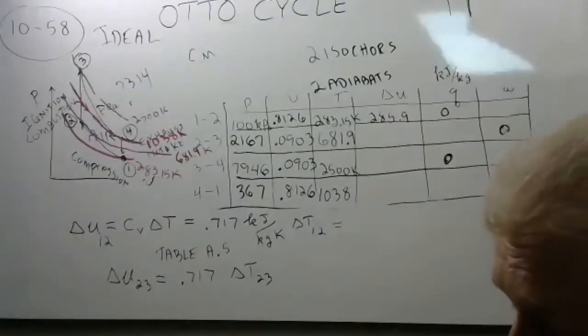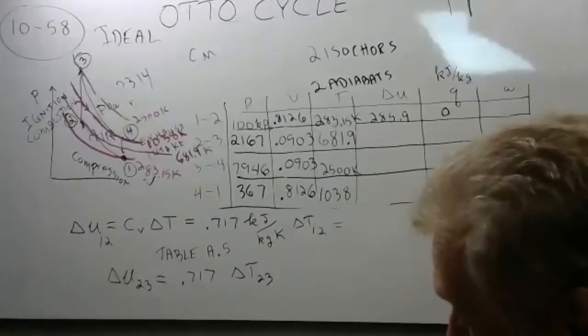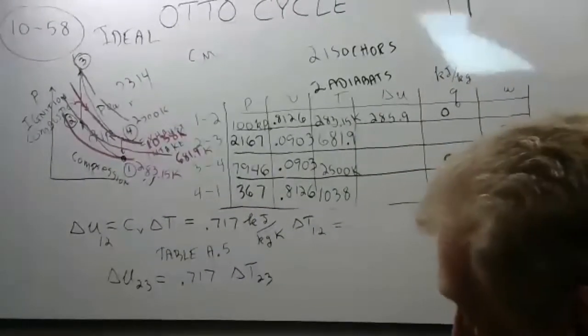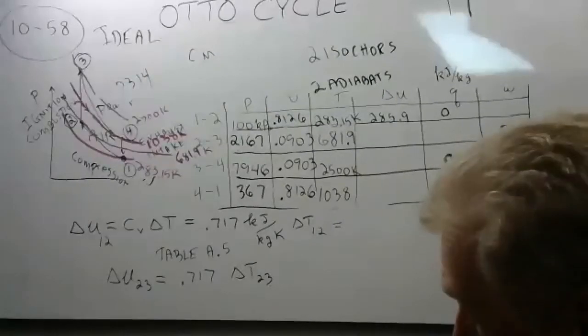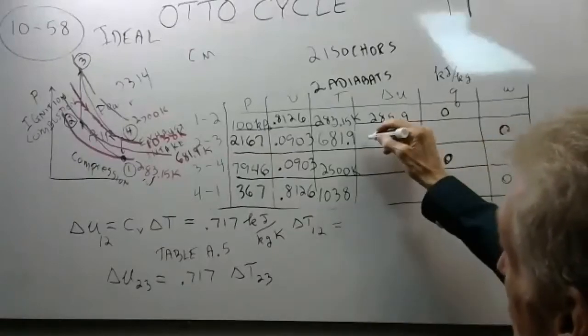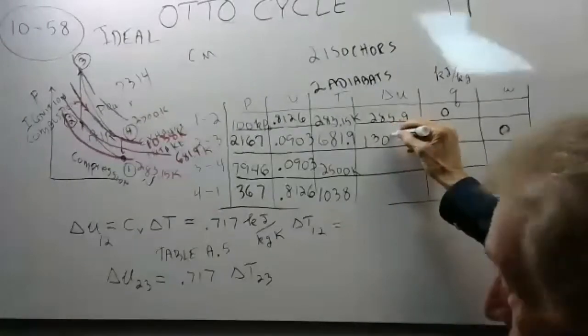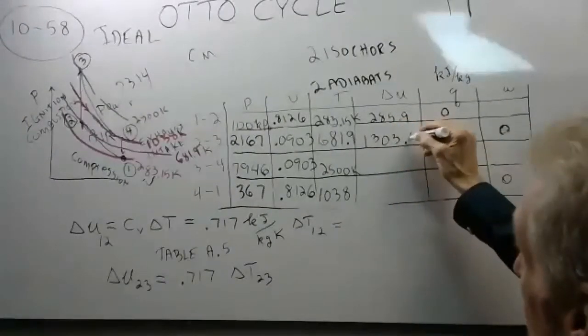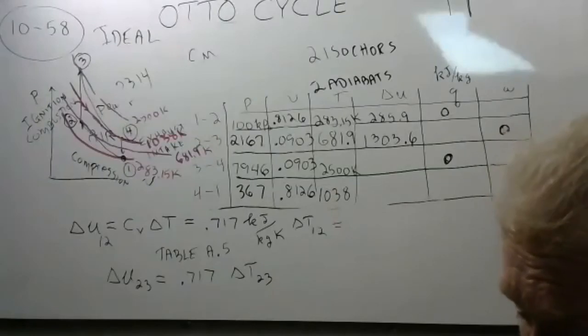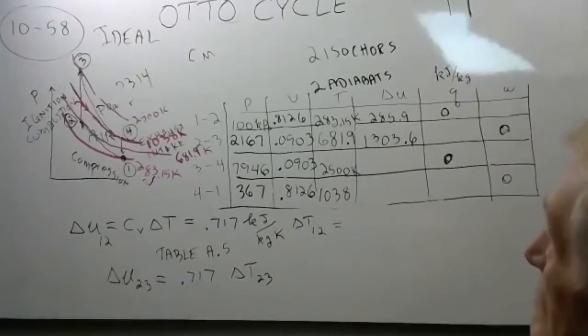We can do this. Well, I'm hoping this is what you get. I'm getting 1303, maybe rounded off to 6. So there's our delta U there.